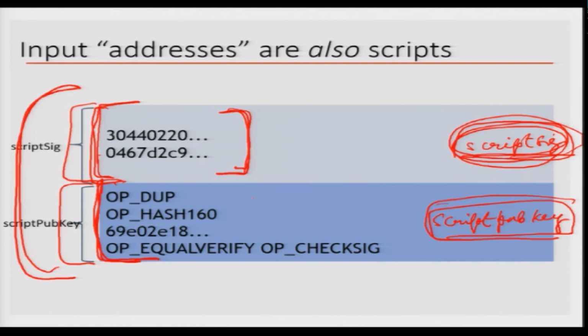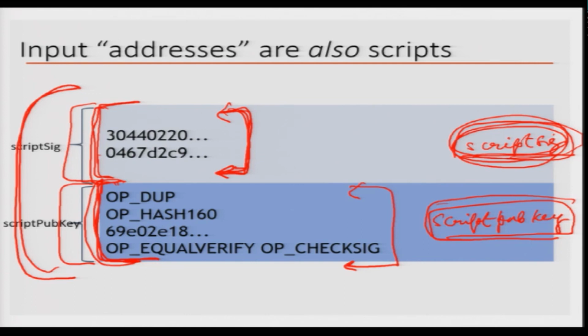So, this is not the output of the current transaction; it is the output of the previous transaction, which is being used as input. In the input I put my signature saying that I am referring to so and so transaction, and so and so output, 0 or 1 or 2, whatever, which I am going to redeem.